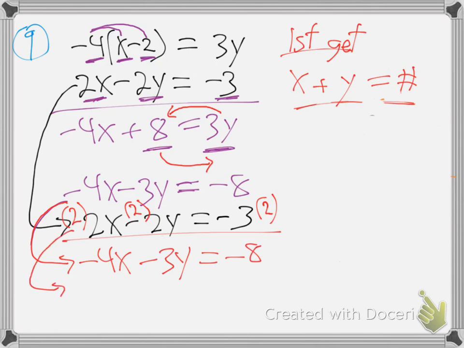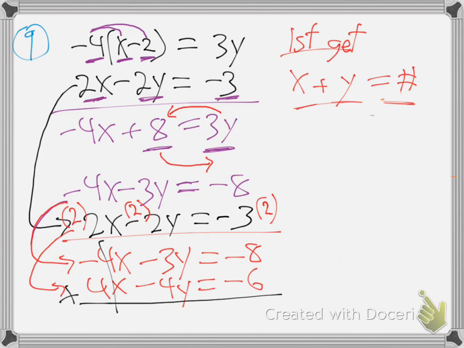The bottom equation, 4x minus 4y is minus 6. Good? And see how we've made those x's opposites, haven't we? These x's are opposites. So we can add them up now.